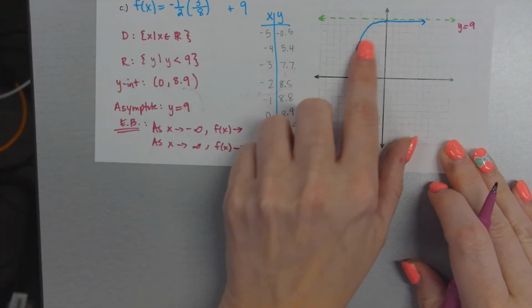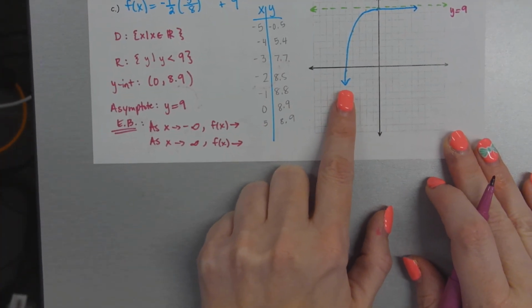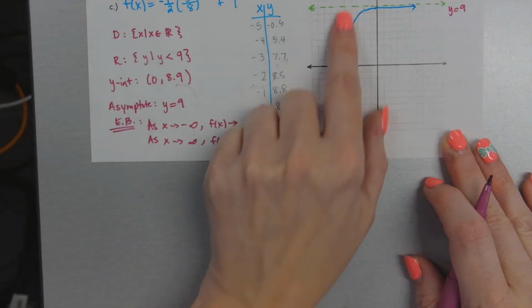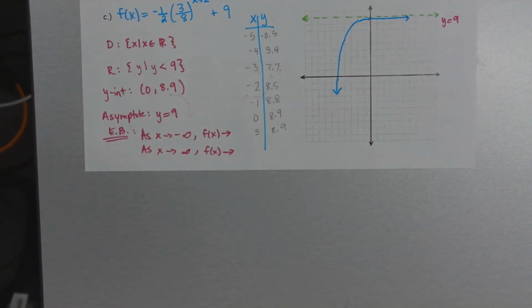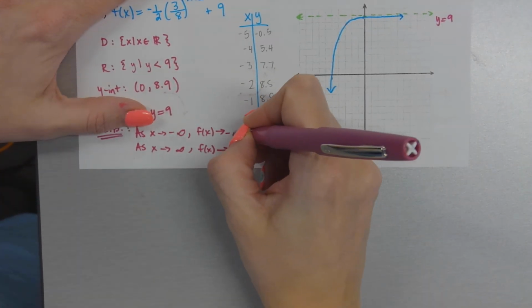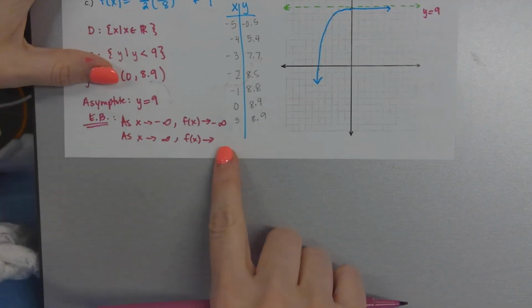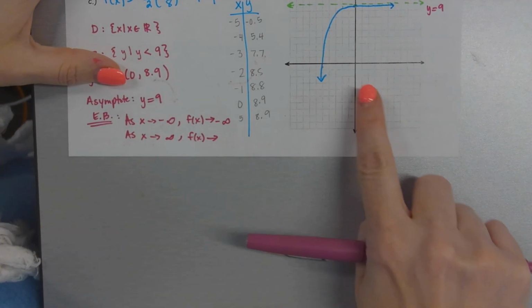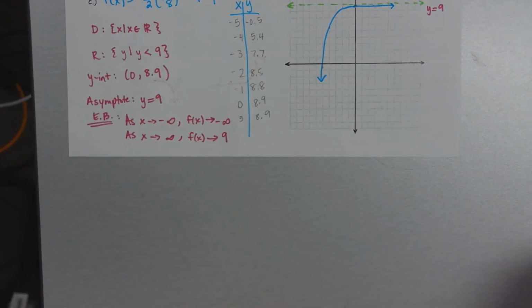Okay, so on this side, where would you say that y is going on the left side? Yep. So we're going to write negative infinity there. Okay, and then, Avian, what about the other side? 9. Great. Okay, getting closer and closer to that.